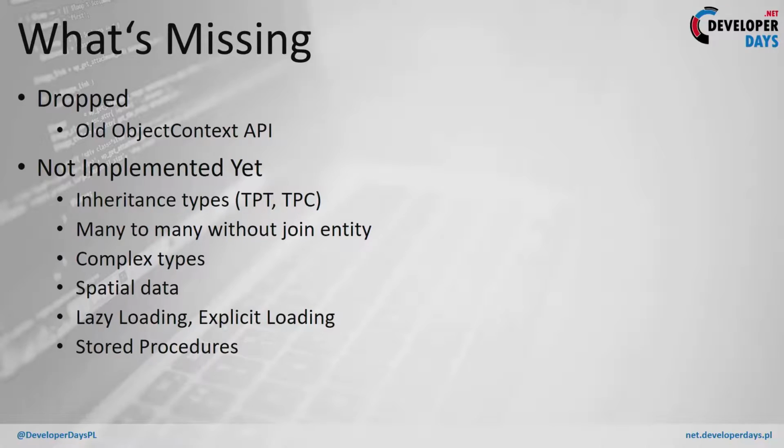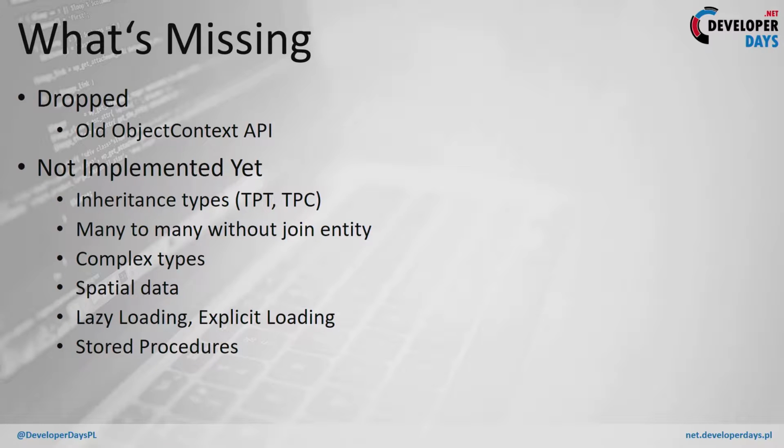Some features are missing, so if you need some of these features, you should wait with EF Core adoption. One of the things which will be dropped and will never be implemented in EF Core is the old ObjectContext API.